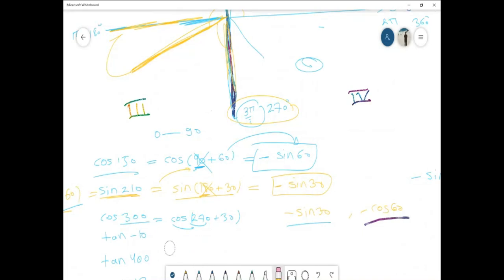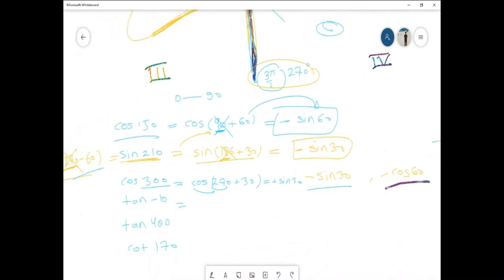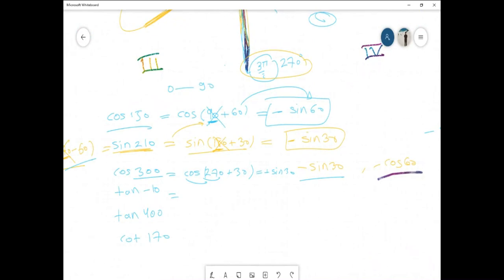It changes the sign to sine 30. Is it positive or negative? 300 degrees is somewhere here because it passes 270. Cosine in this section was positive, right? As stack. So it will be positive sine 30.